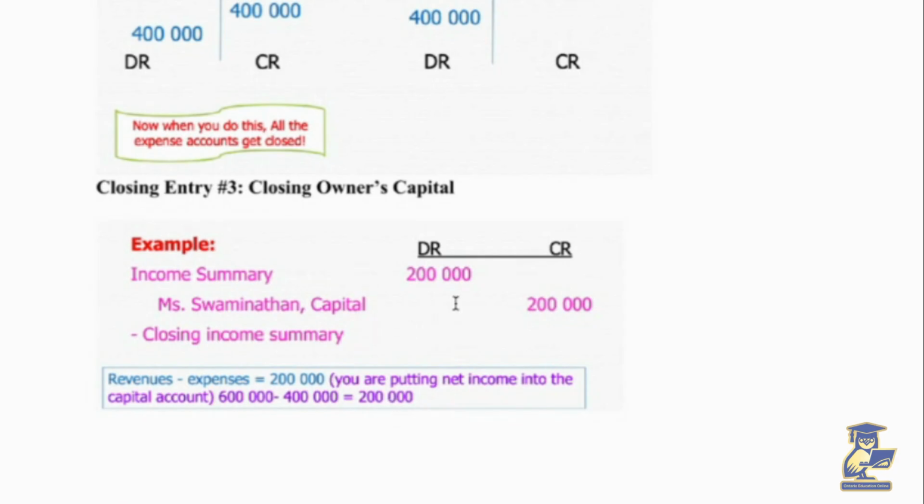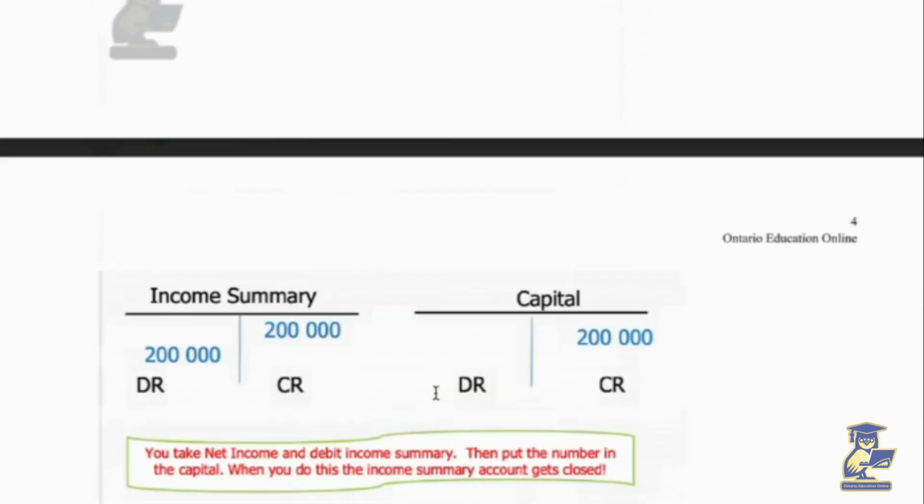So in this case, I would be closing my income summary for 200,000 and I'm increasing my capital for 200,000 because as we know, net income increases our capital. So we have a net income in this case because our revenues are greater than our expenses. So our income summary now is closed and we have accounted for our net income for that fiscal period and it has been brought into our capital.